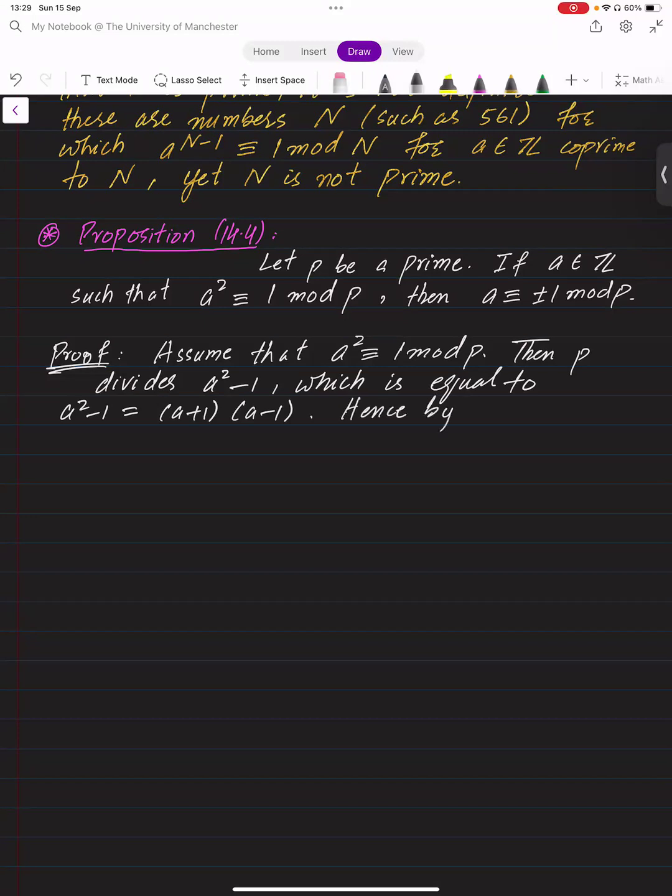Hence, by proposition 10.5b, p divides either a plus 1 or a minus 1.